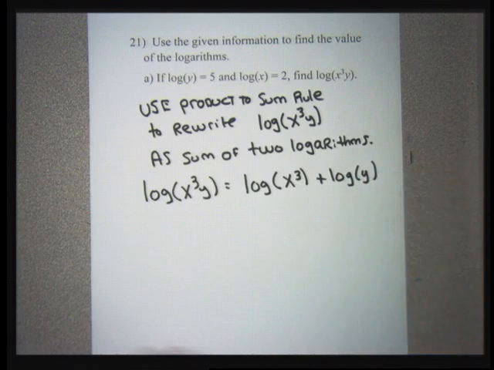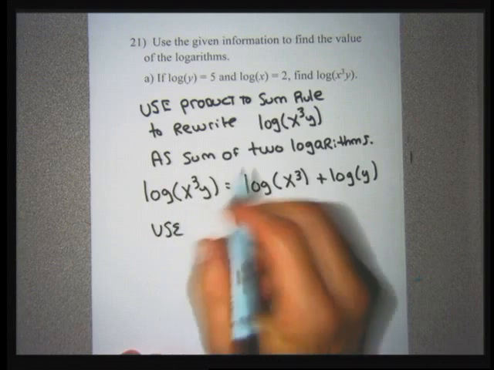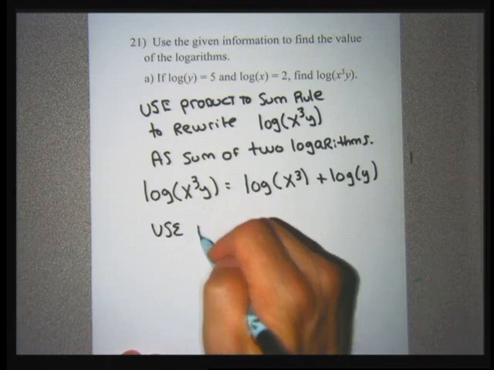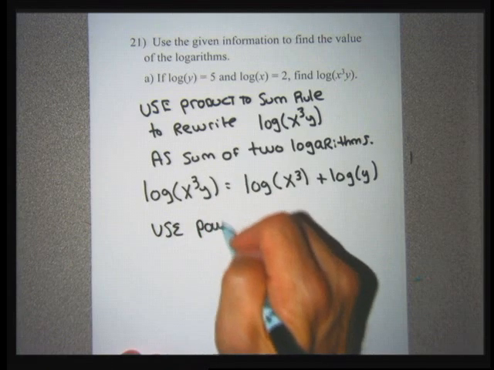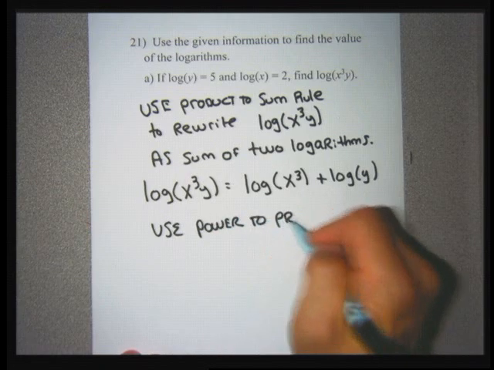Put parentheses there. I probably didn't need the parentheses around the x cubed and the y, but it's fine to have them there. Now I'm going to use the power to product rule. And again, this is backwards of what we did a little bit ago.